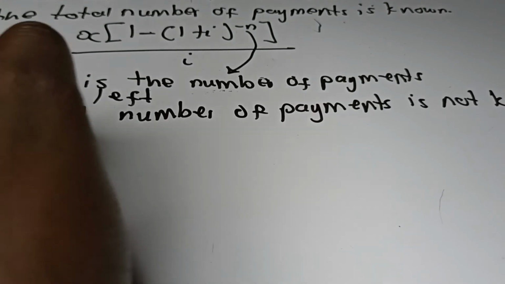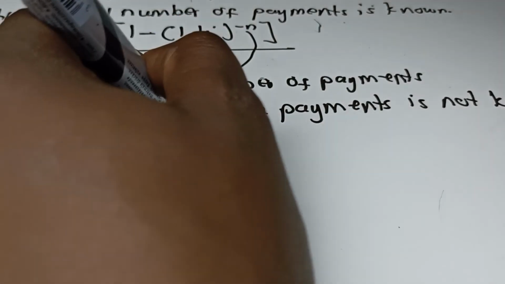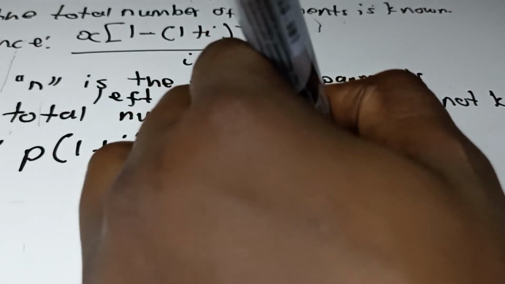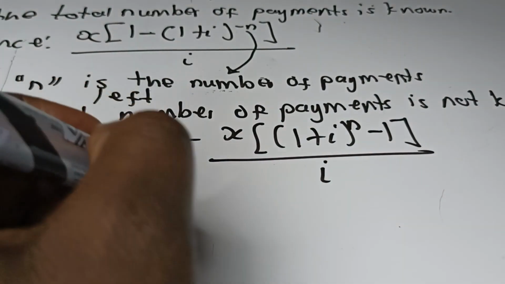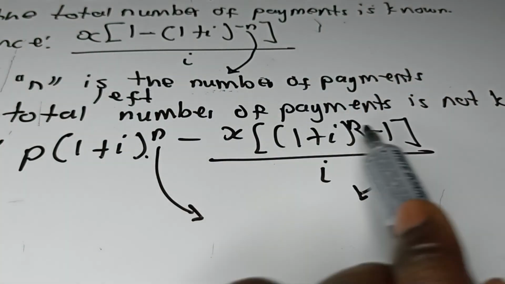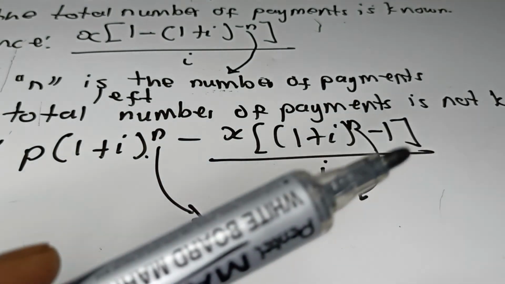Balance is going to be P times (1 plus i) to the power of n, minus x times ((1 plus i) to the power of n minus 1), everything divided by i. Don't forget that this n is the same n we're talking about, and it is the number of payments already made.